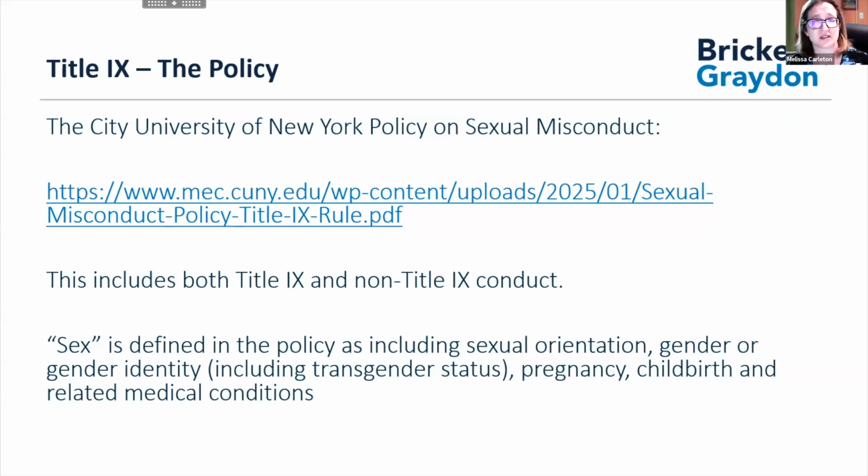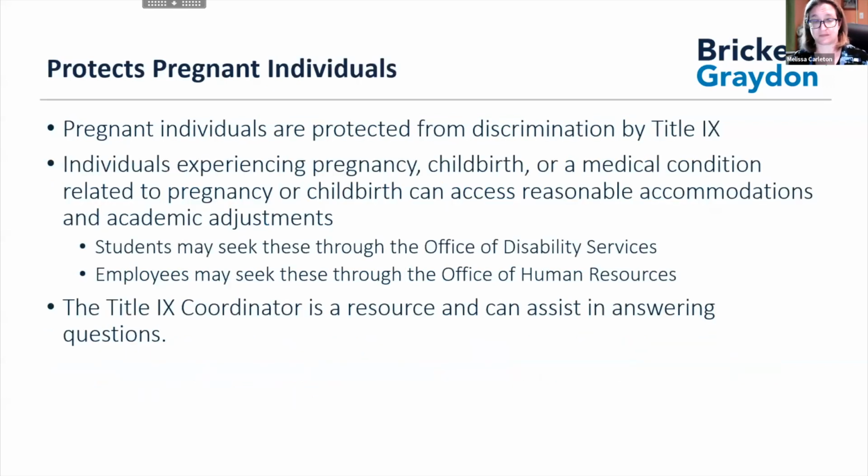Also know that sexual misconduct does cover discrimination and harassment on the basis of sex. And for purposes of your policy, sex is defined as including sexual orientation, gender or gender identity, including transgender status, pregnancy, childbirth, and related medical conditions. It does protect pregnant individuals. So pregnant individuals at your campus are protected from discrimination by Title IX.